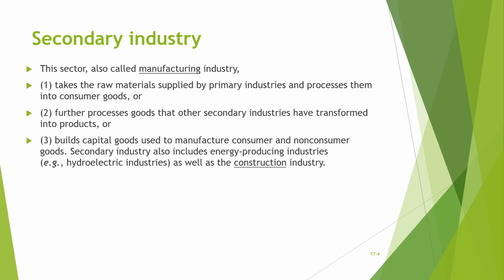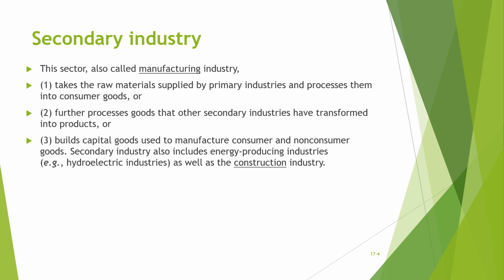Number three, building capital goods used to manufacture consumer and non-consumer goods. Secondary industry also includes generic production industry. A lot of construction and hydraulic infrastructure companies are also considered secondary industry. They build infrastructure, roads, highways, houses, offices.